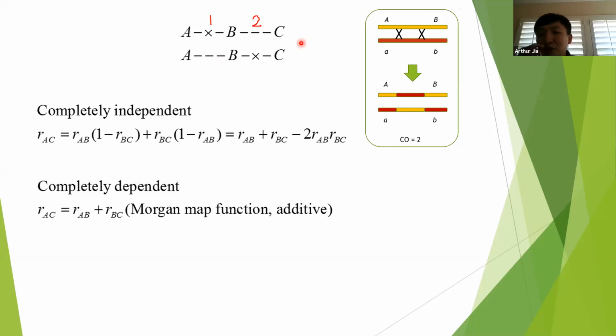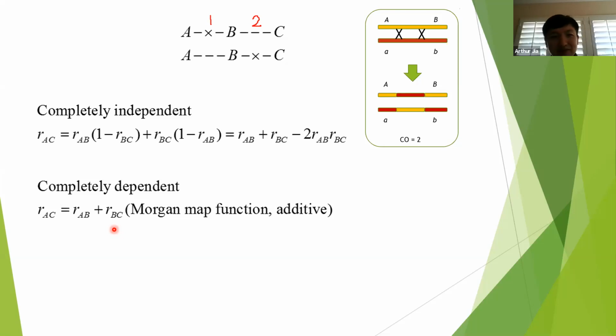So it will rule out the possibility that you're going to see multiple crossing overs in this region. Does that make sense? So that means completely dependent. So in this case, this map measure will become additive. Does that make sense?